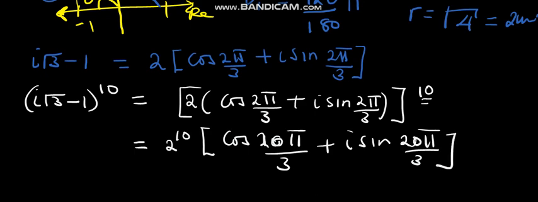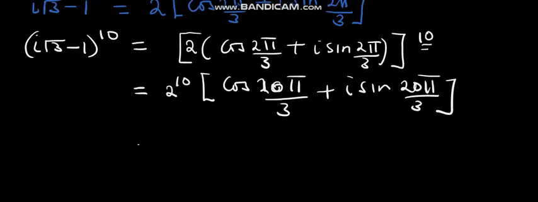What is 2 to power 10? 2 to power 10 is 1024. And what is cos of 20π out of 3? It is negative a half. How about sin 20π out of 3?